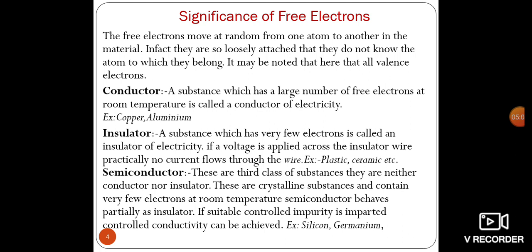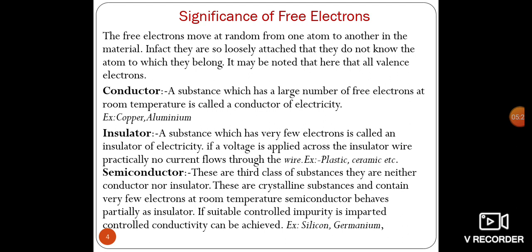Electrical energy, as we have studied in the first lecture, is the rate of flow of electrons. So this rate of flow of electrons means the rate of flow of free electrons in the conductor. So we have to understand in detail about what a free electron is. The free electrons move at random from one atom to another in the material.